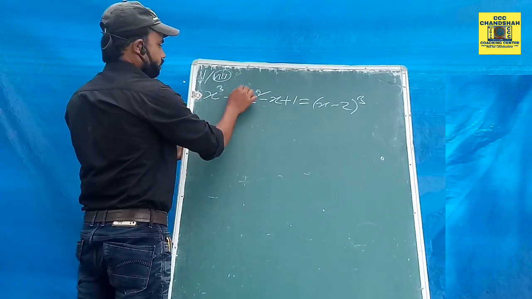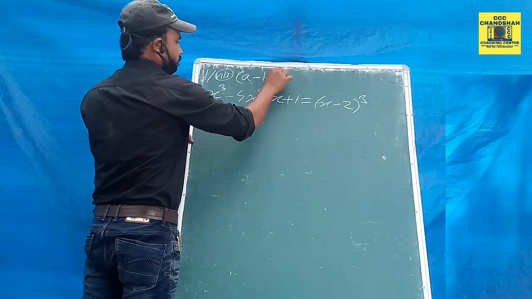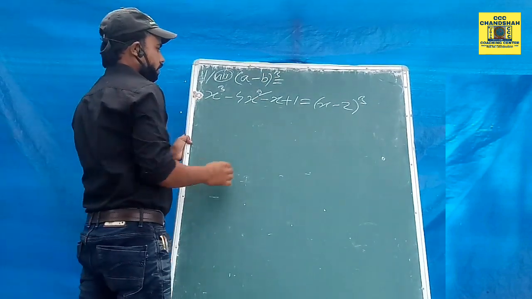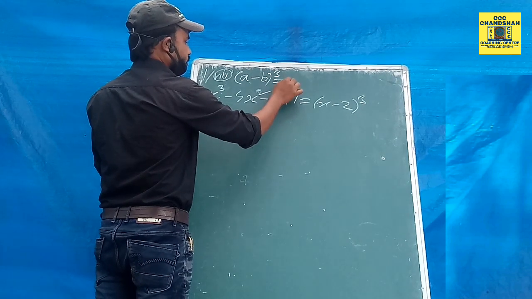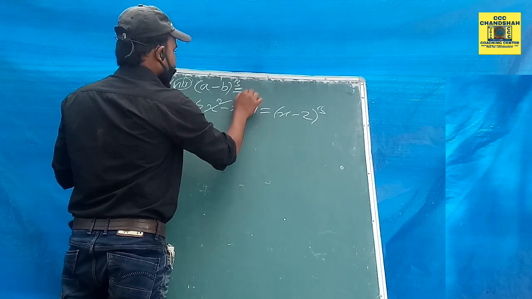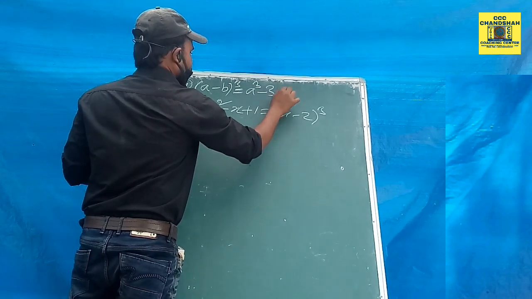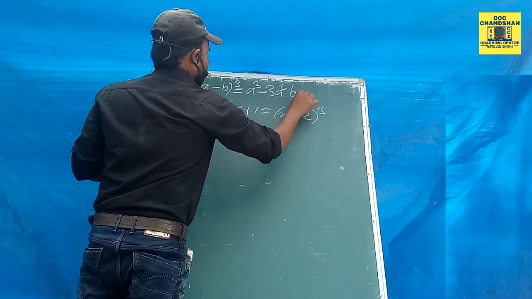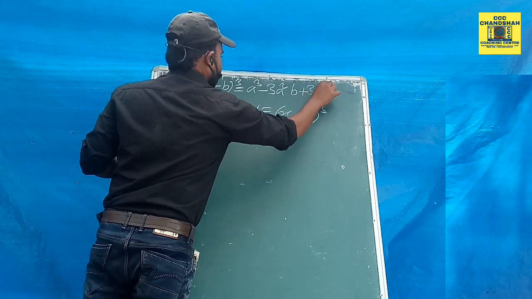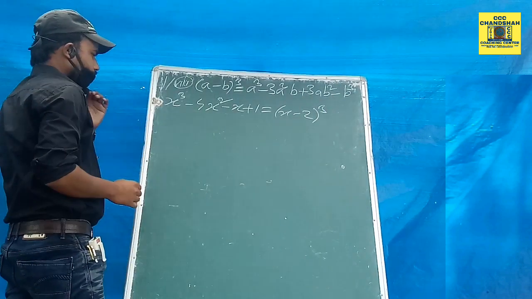There was an identity, a minus b whole cube. If it is there, then how can you write it? This identity can be written as a cube minus thrice a square b plus thrice a b square minus b cube.